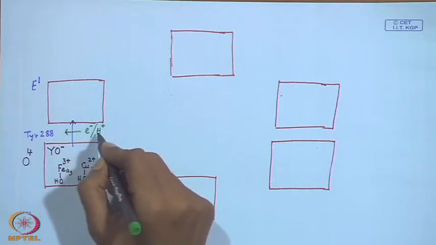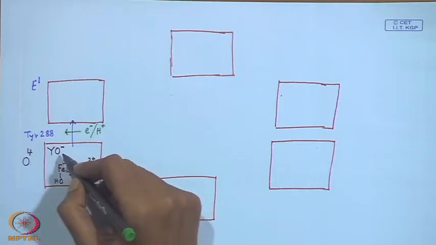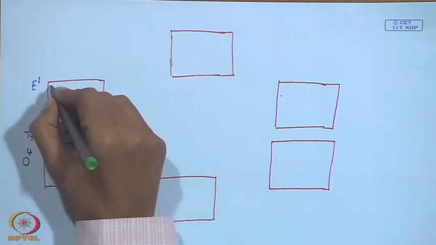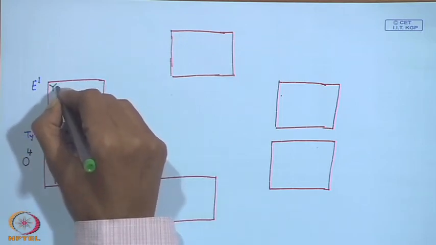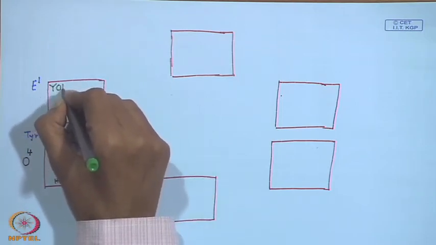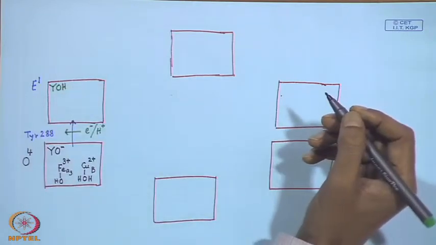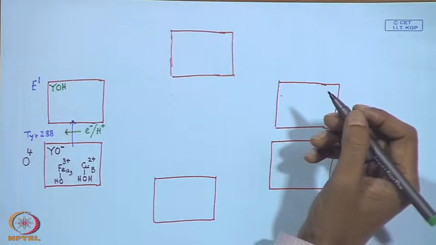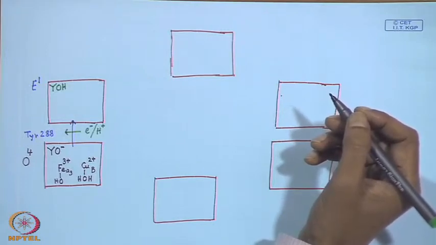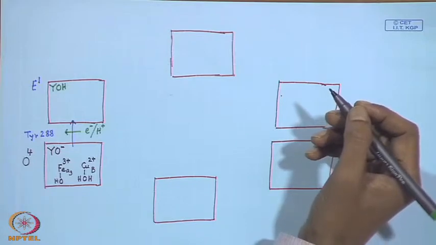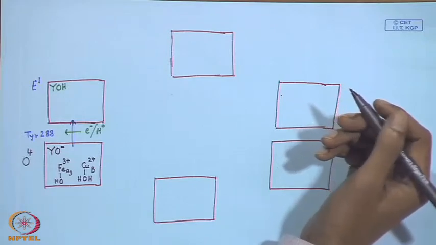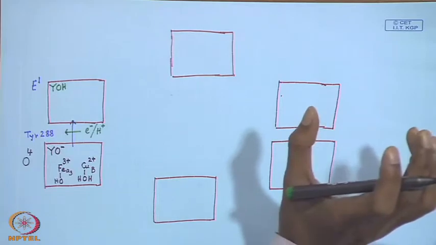So this proton either goes directly to the system, that means in this particular case when the proton is pushed over there, you have the deprotonated form of the tyrosine which is getting protonated. So your YO minus is going to YOH. Always keep in mind that this particular case is a membrane bound thing.